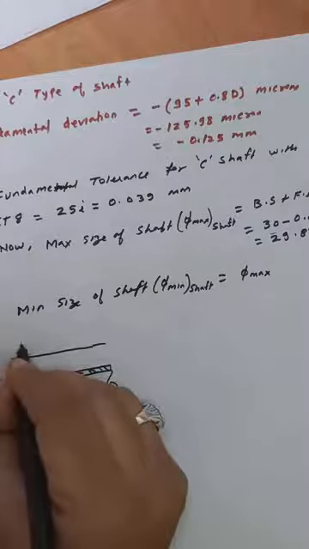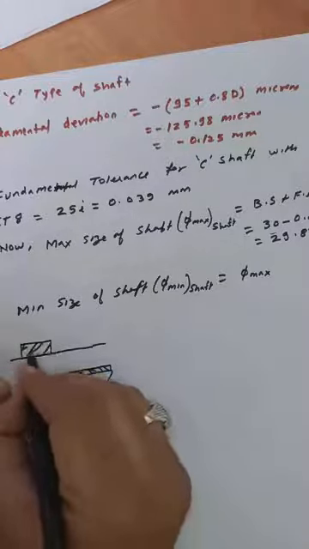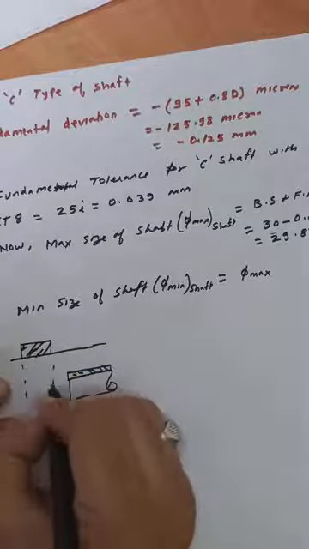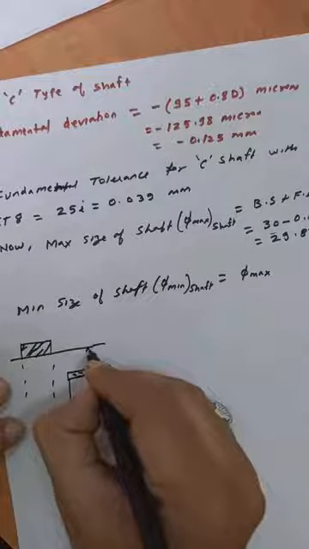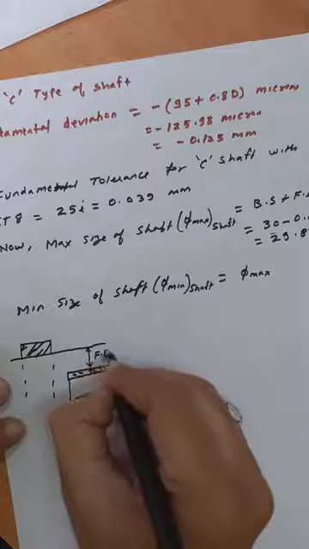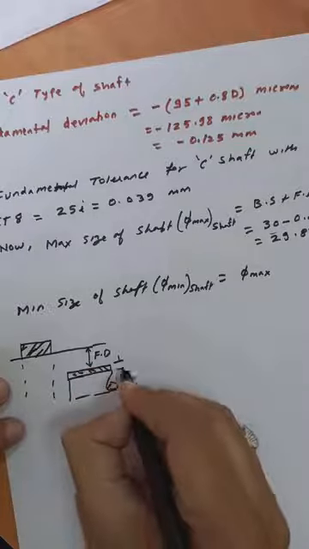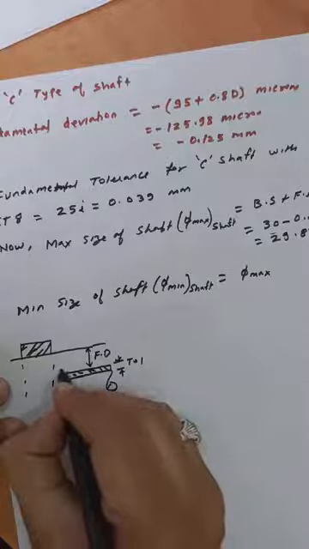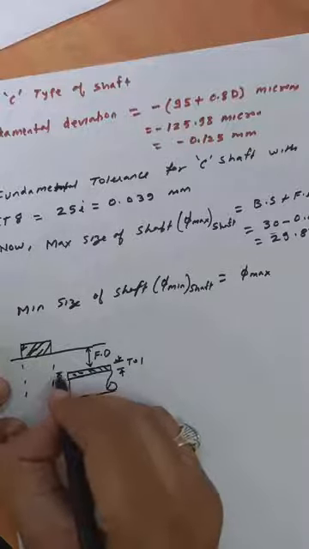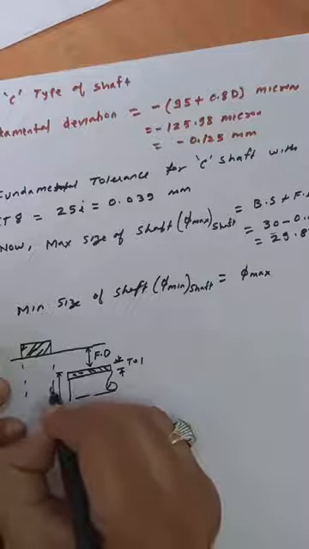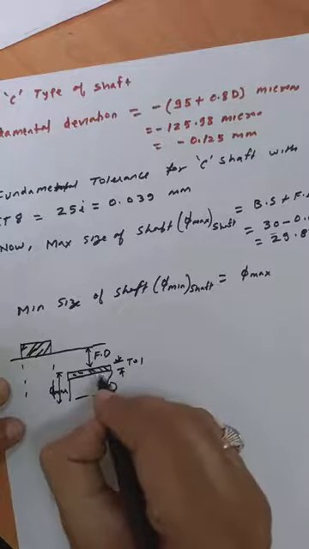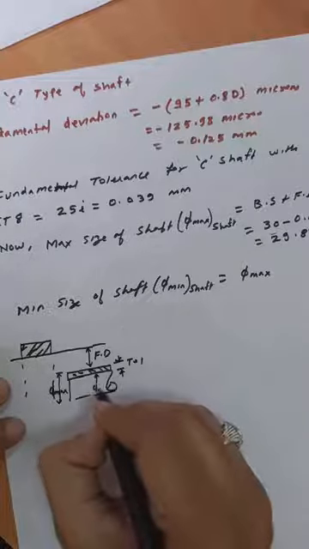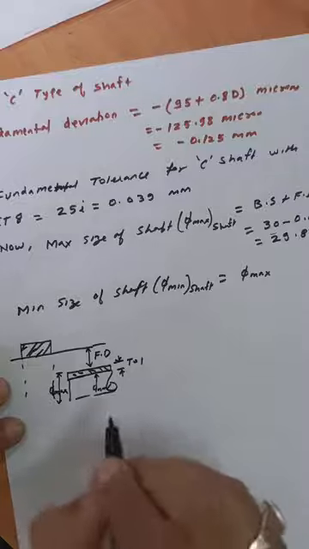Here you can have the hole. This difference is known as the fundamental deviation for the shaft, and this difference is known as the tolerance. This is the maximum or upper limit, and this is the minimum or lower limit.